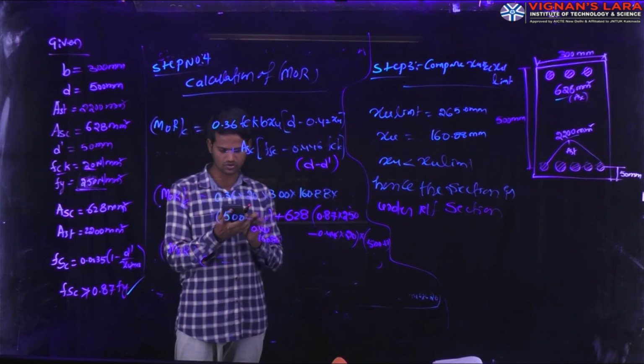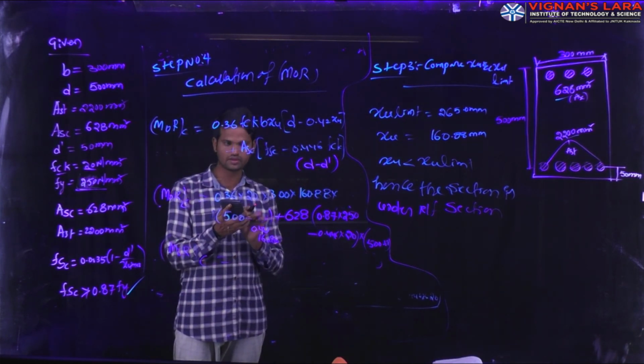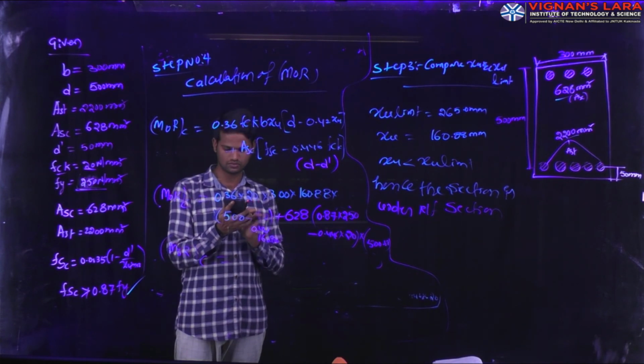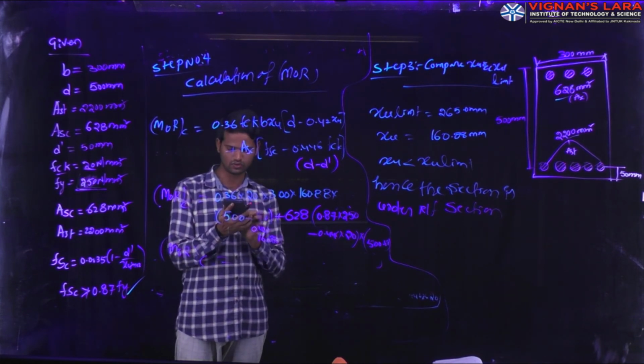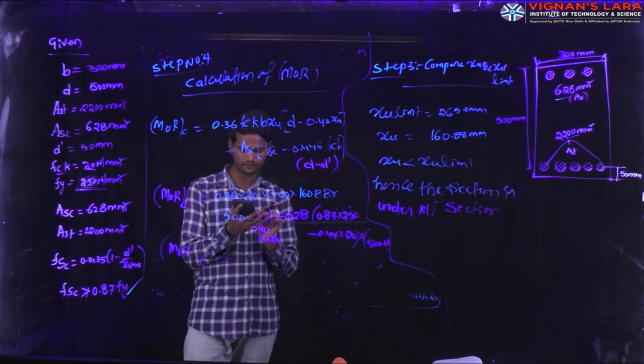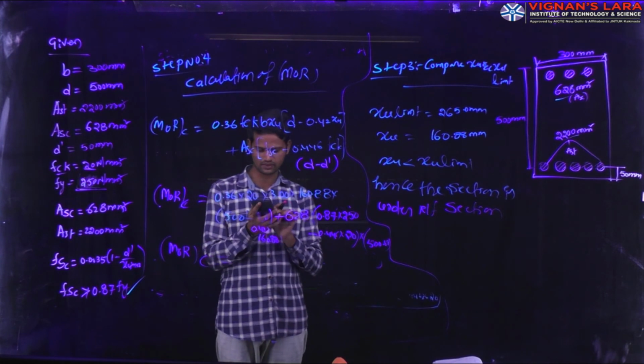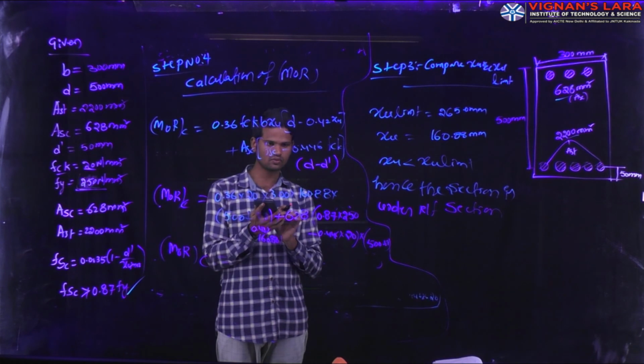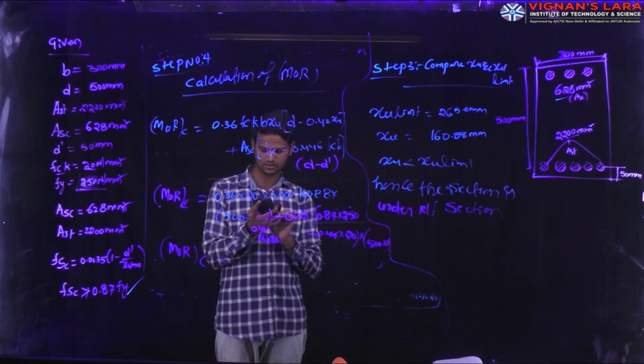Again I am calculating 0.36 into 20 into 300 into 160.88 into 500 minus 0.42 into 160.88, plus next 628 into 0.87 into 250 minus 0.446 into 20 into 500 minus 50.